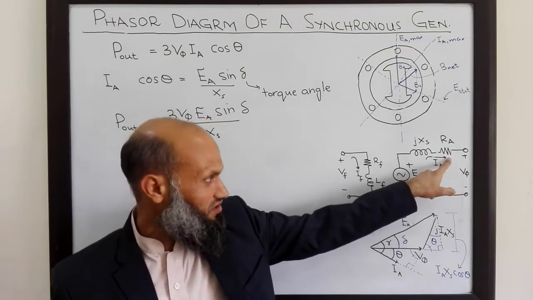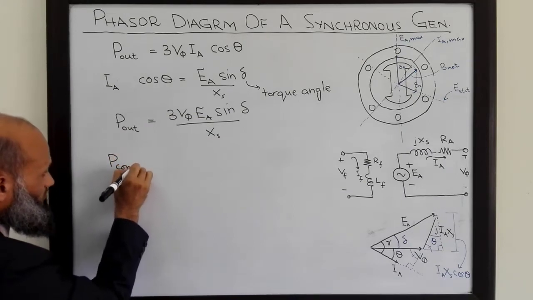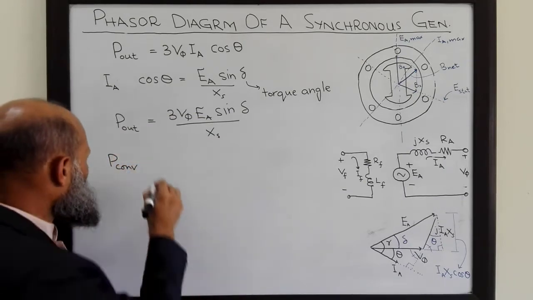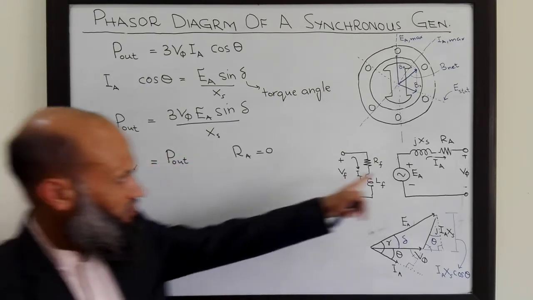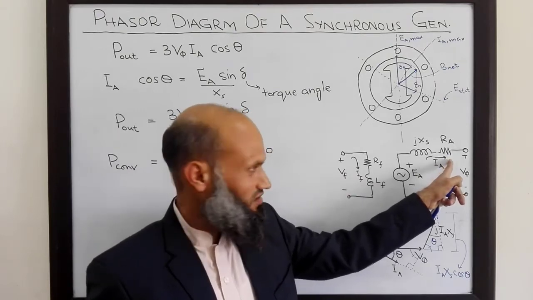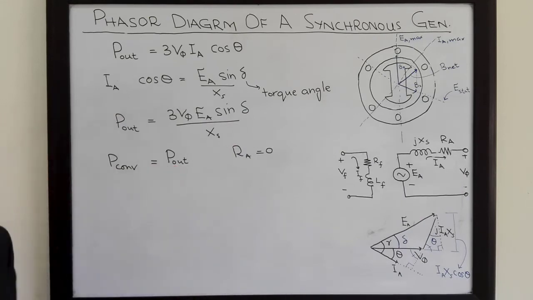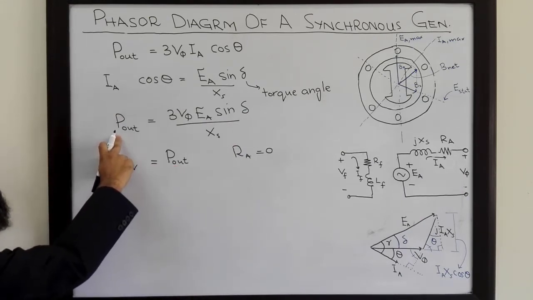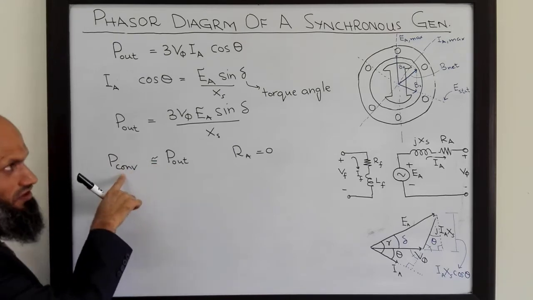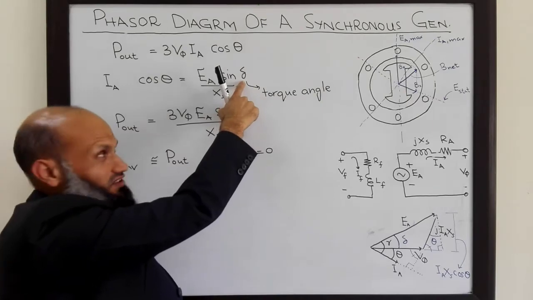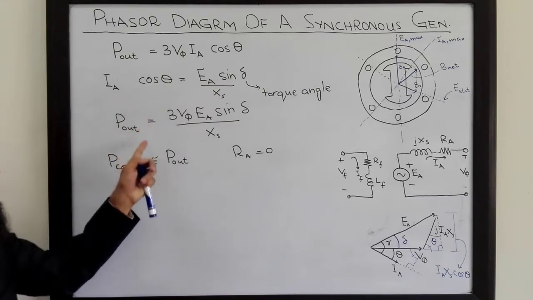If we ignore the power losses in this resistance, then the converted power, the power which is converted into electrical power, is equal to the output power. This expression means that the output power, approximately equal to the converted power, depends upon this torque angle.